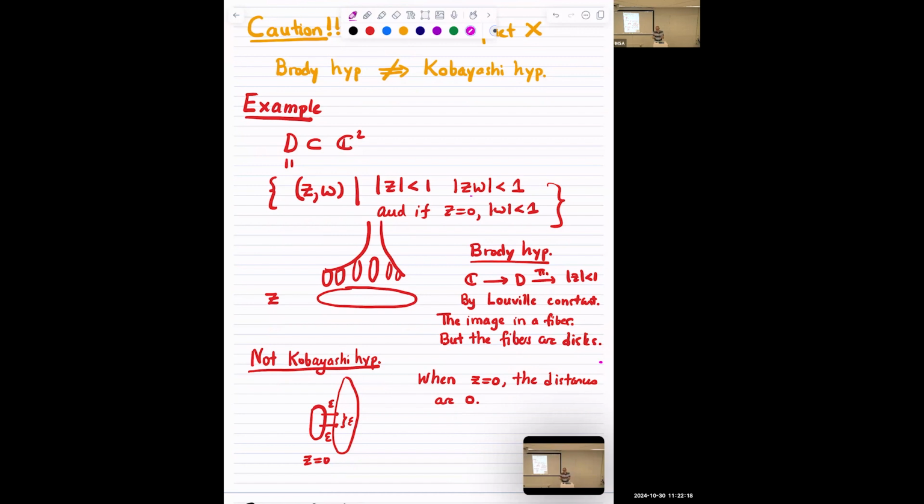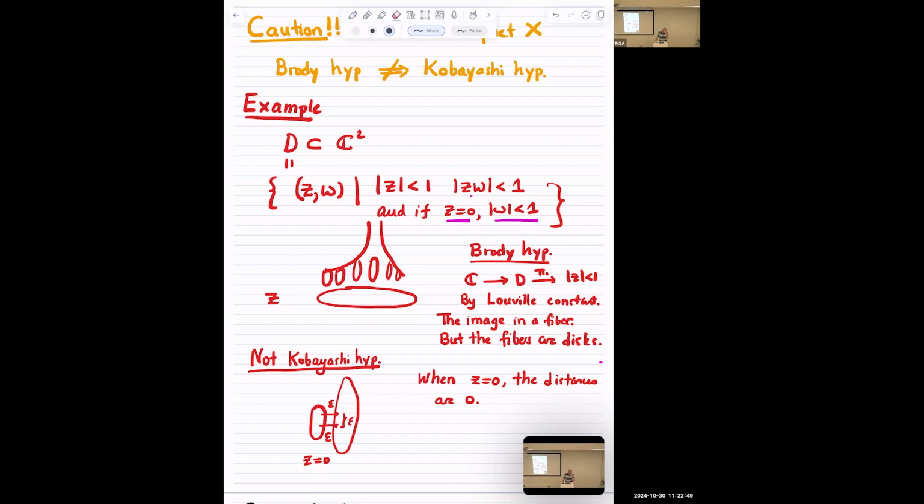But since you don't care about compactness, throw some stuff out so that you make the central fiber also Brody hyperbolic. You can, for instance, toss out over the central fiber things with norm bigger than one, or you could really only omit three or four points. You can do this example algebraically too.